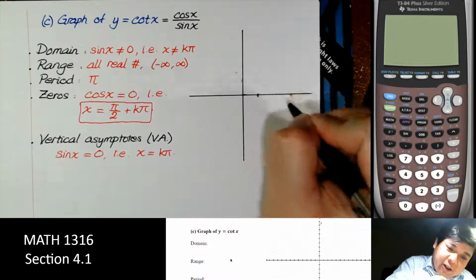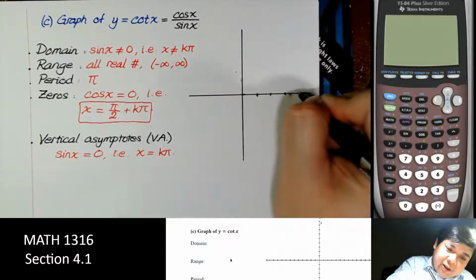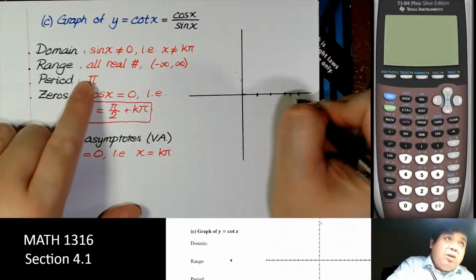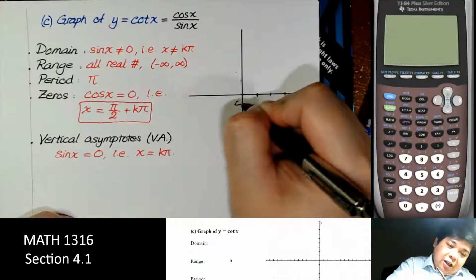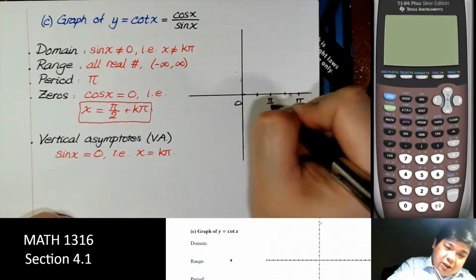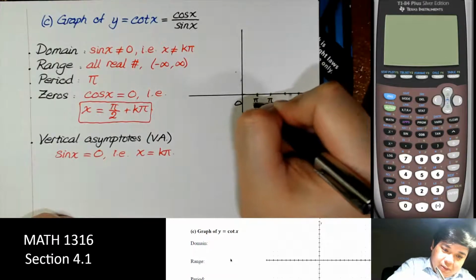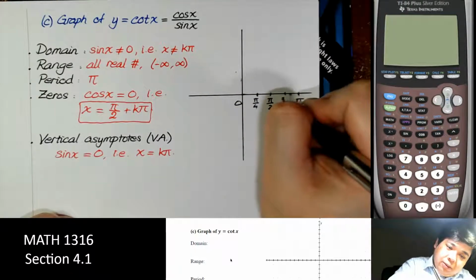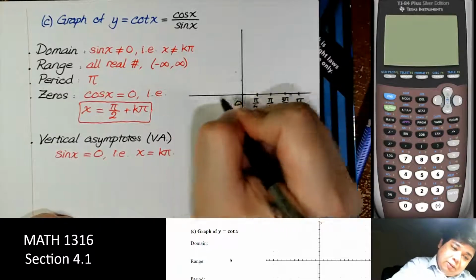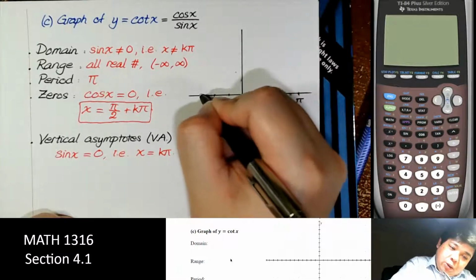Right. Up here is the pi. Divide that into 4 equal segments. One, two, three, and 4.